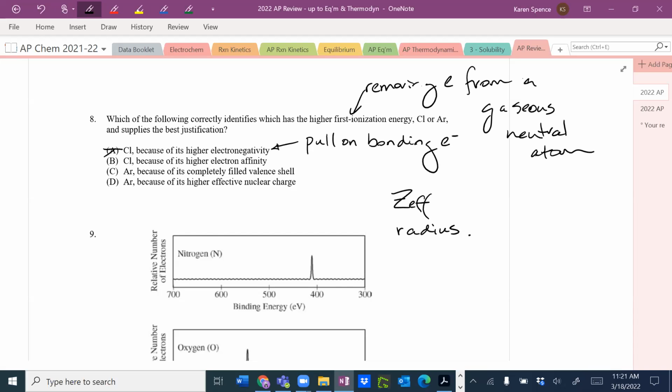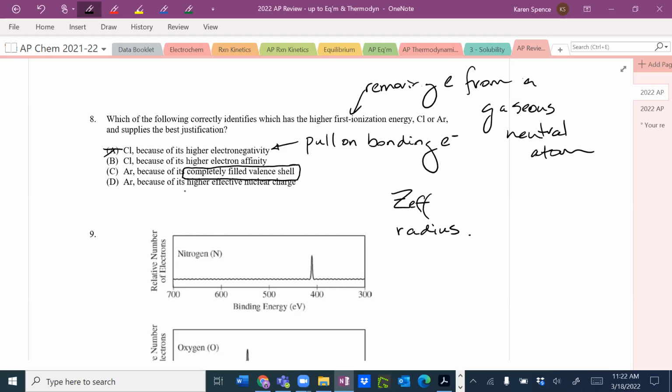That makes no sense. Also, this business of having a completely filled valence shell and that being ultra stable, that is something that we tell you guys all through the junior grades and probably even in grade 11, but it's not actually the reason for anything. So don't give a completely filled or a partially filled shell as an explanation.